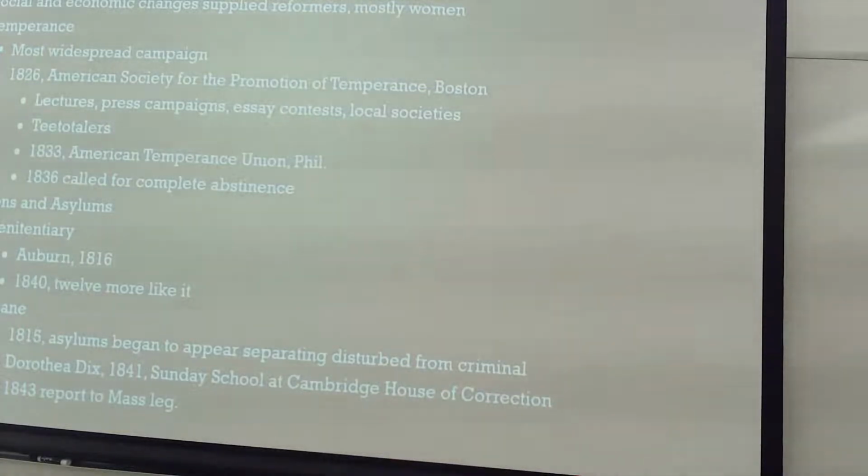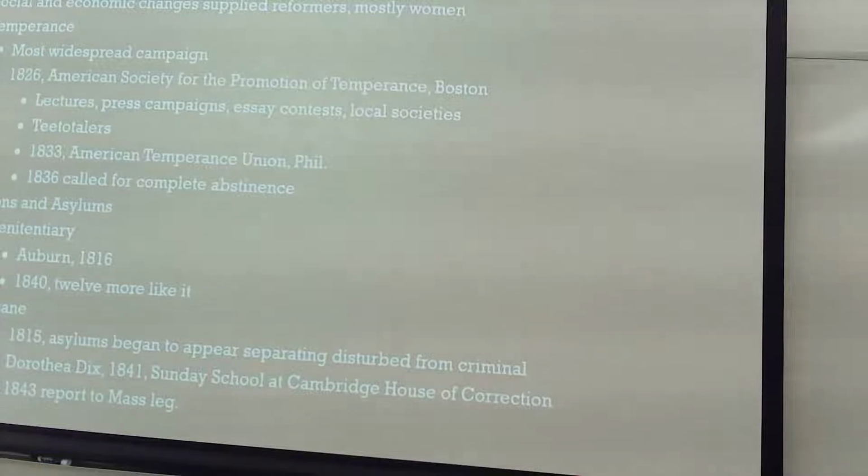Dorothea Dix, in 1841, as I said, 1815 is when they first start. In 1841, she's asked to teach a Sunday school class at a Cambridge House of Correction. And she comes upon a room, and this is in March in Massachusetts, where it's cold, of maybe a dozen nearly naked, mentally challenged people who are basically just sitting there huddling in the cold and freezing to death, totally neglected.